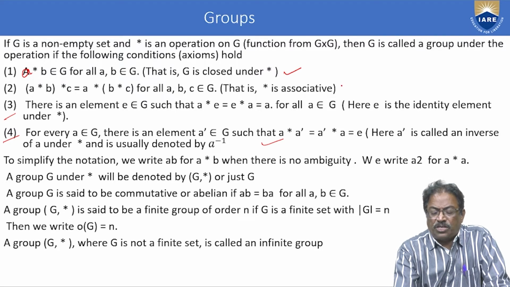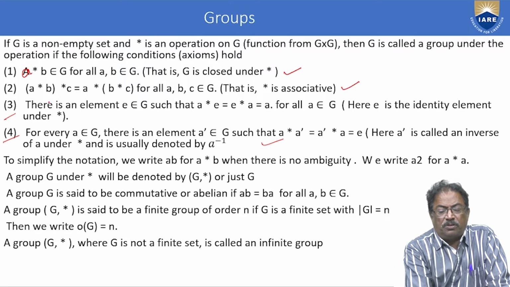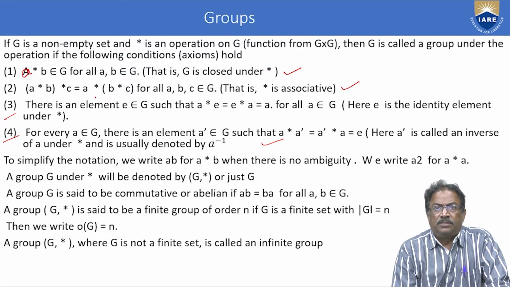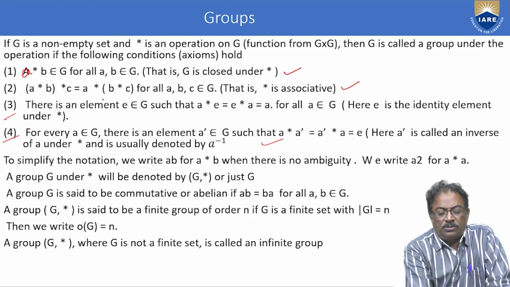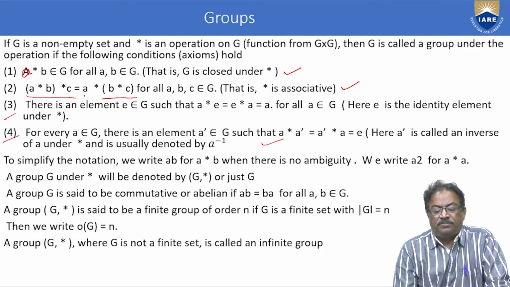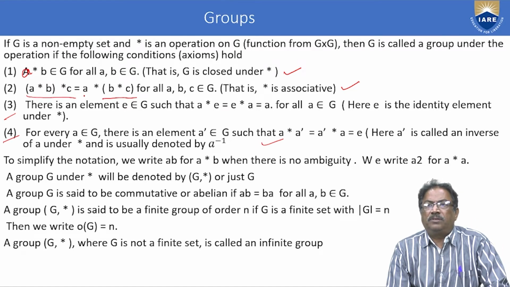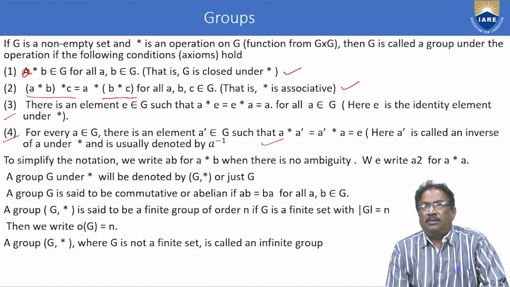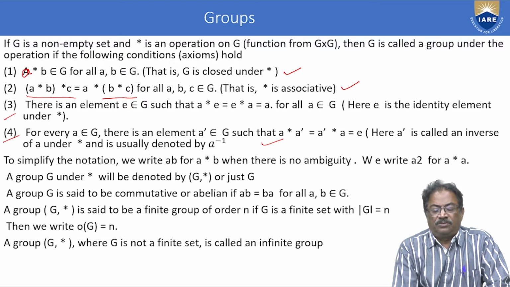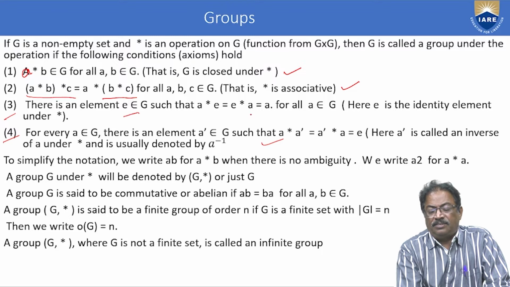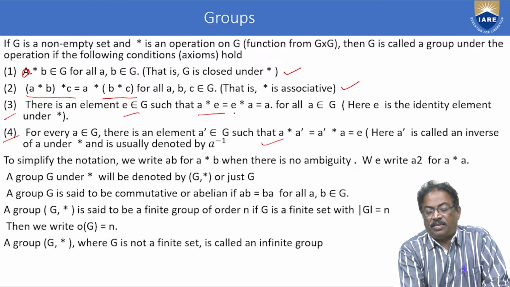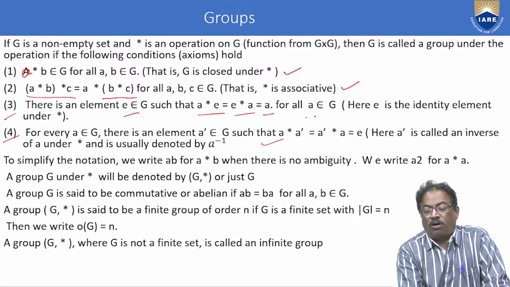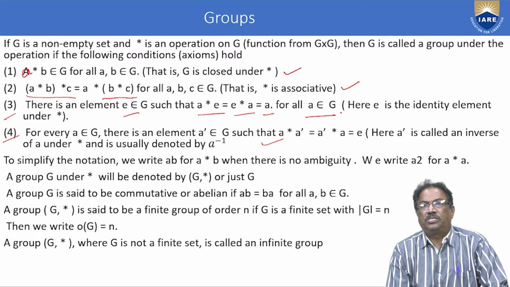Then star is associative: (a star b) star c is equal to a star (b star c). Then every non-empty set will have an identity element e such that a star e equals e star a equals a, true for all a belongs to G.